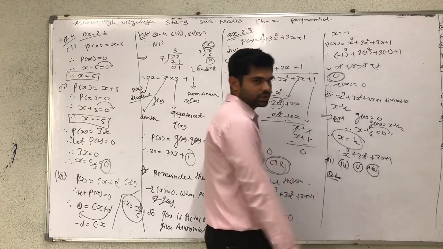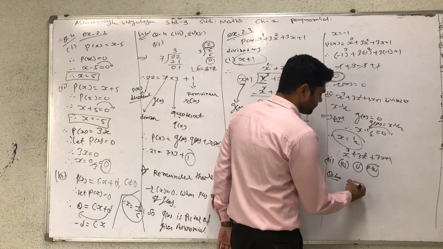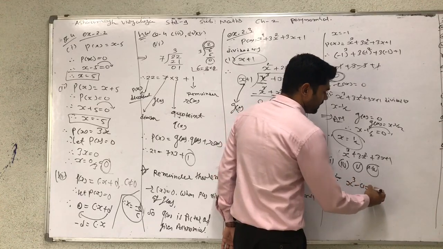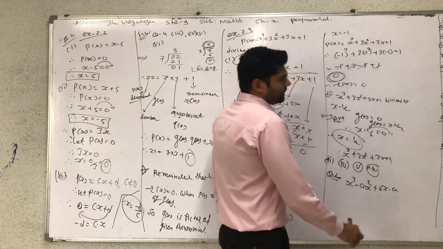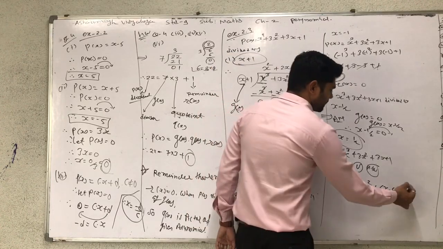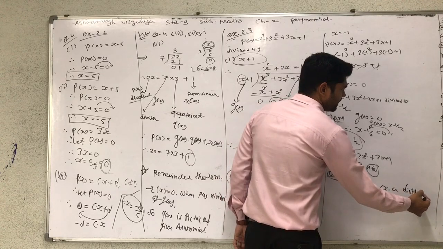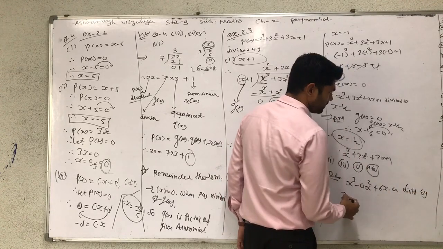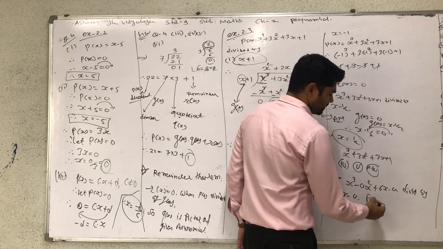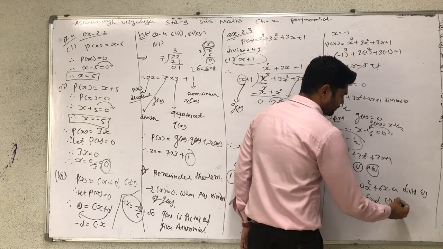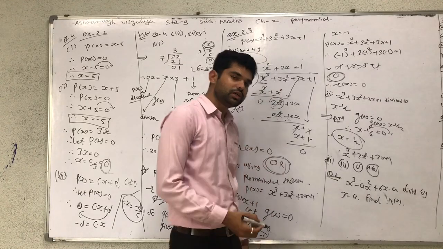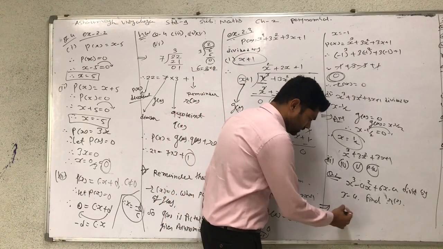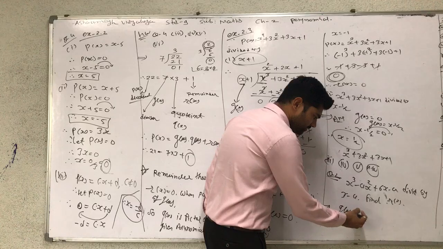Now question number 2, x cube minus ax square plus cx minus a divided by x minus a, and find r of x. Same, g of x equal to 0.